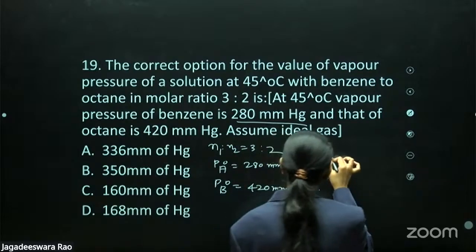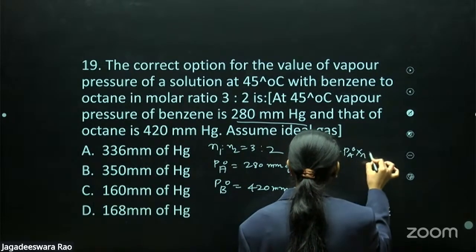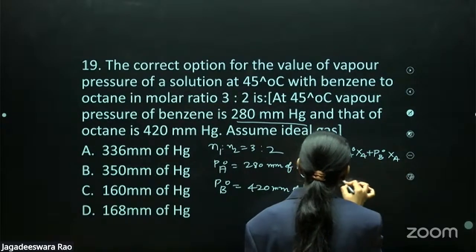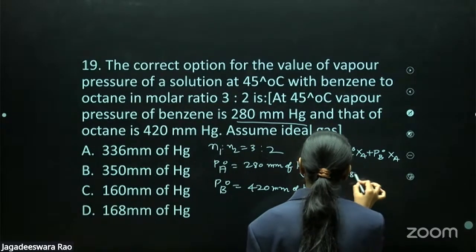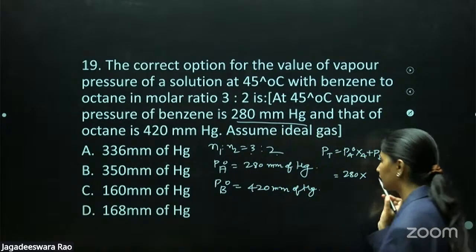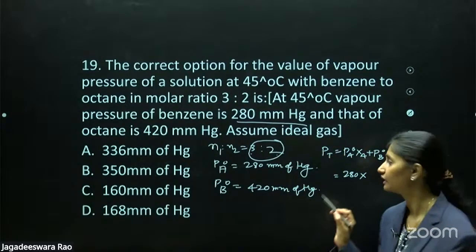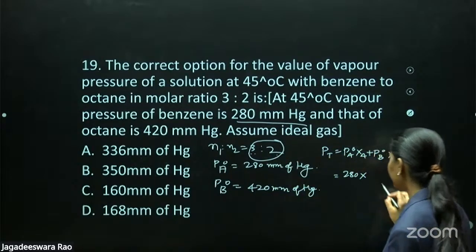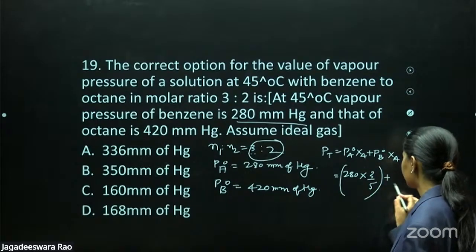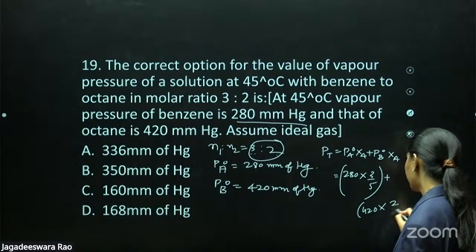So P total is nothing but PA naught into XA plus PB naught into XB. So PA naught is 280 and the mole fraction will be 3 by 5, because moles are 3 is to 2, that means the total moles is 5. That means the particular mole fraction will be 3 by 5 plus for B it will be 420 into 2 by 5.